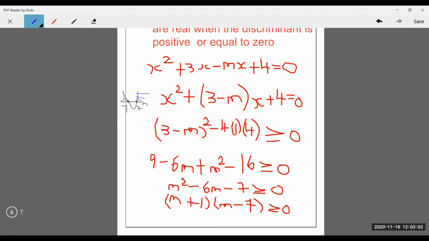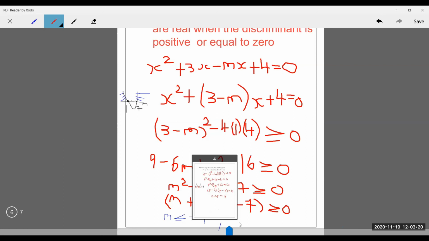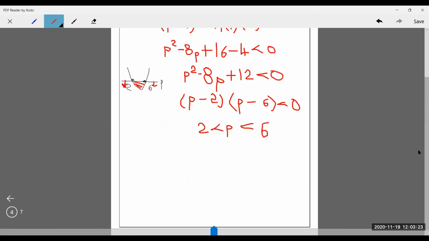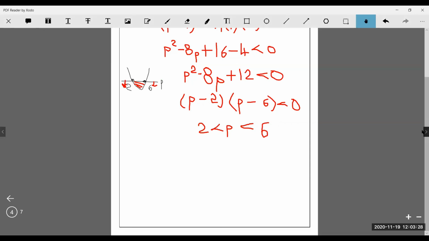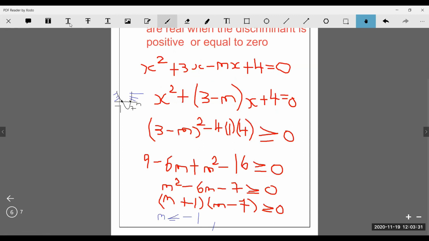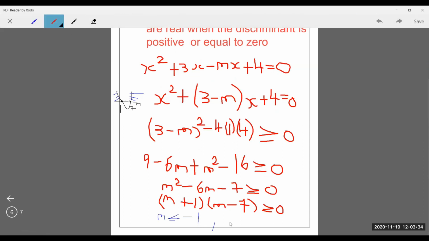So the solution is when m is less than or equal to negative 1, or when m is greater than or equal to 7.